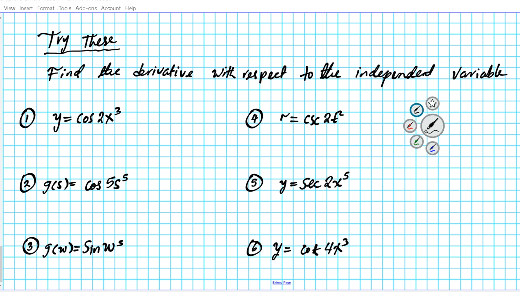Alrighty, welcome back. Hopefully you had a chance to try out the problems. So here are the solutions. For number 1, dy dx is equal to negative 6x squared sine 2x to the third.